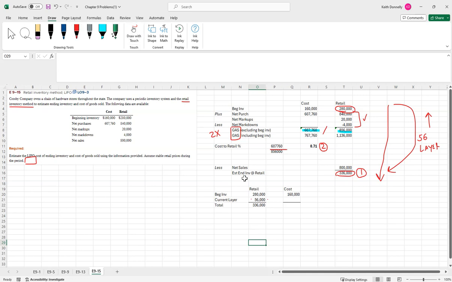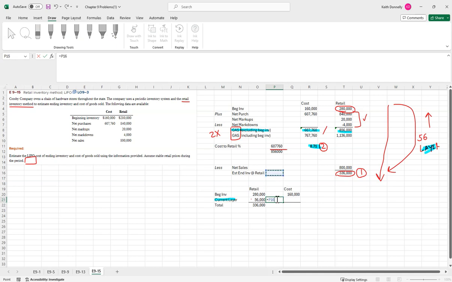Then, because that's the layer, we have to base it off of this percentage right here, because this is just focusing on the layer. That's the percentage based on the layer. Here's the current layer; we've got to keep this all apples to apples.